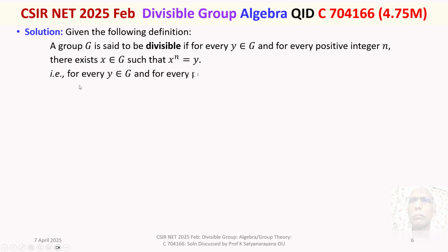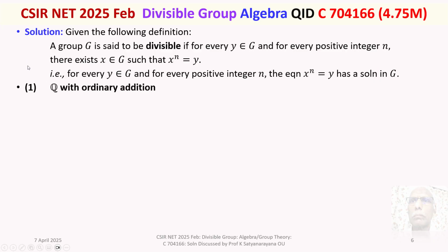That is, for every y belongs to G and for every positive integer n, the equation x power n is equal to y has a solution for x in G. Let's now take the options one after the other.